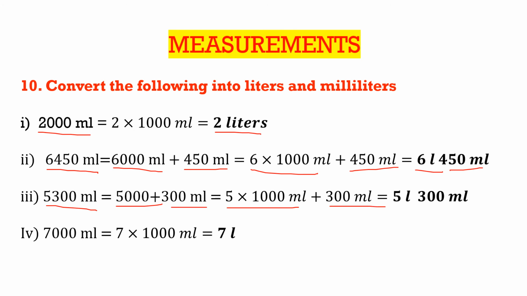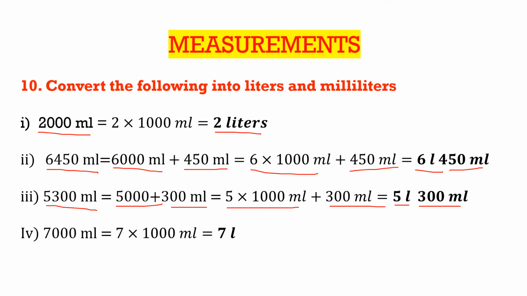We know 1000 milliliter is 1 liter. So 5 multiplied by 1 liter is 5 liter plus 300 ml. So we get 5300 milliliter equal to 5 liter 300 ml.